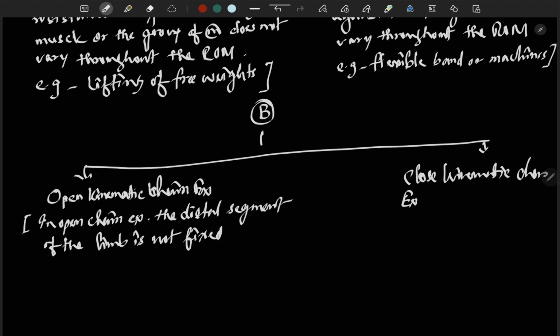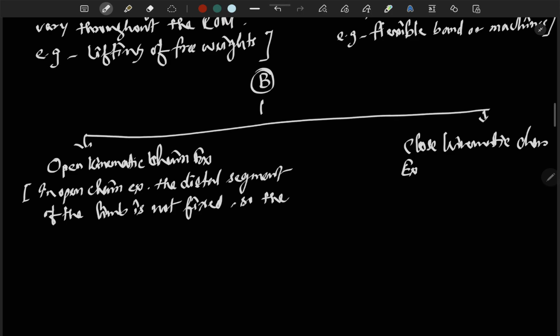Distal segment means here it is the leg, or it is not fixed, so the movement occurs at the distal segment.